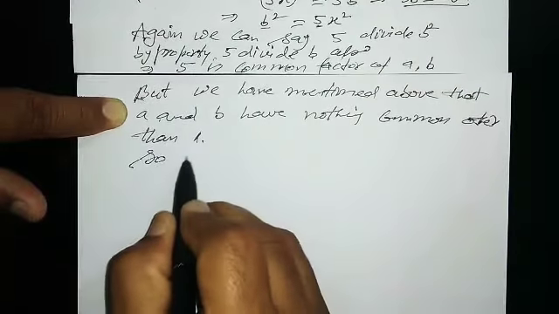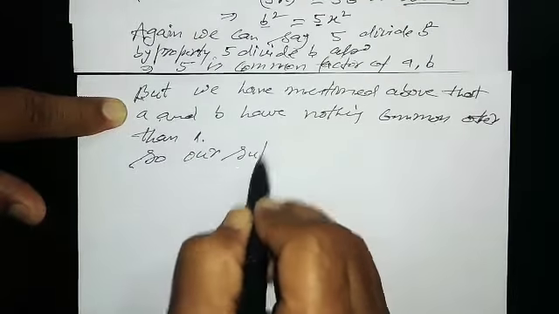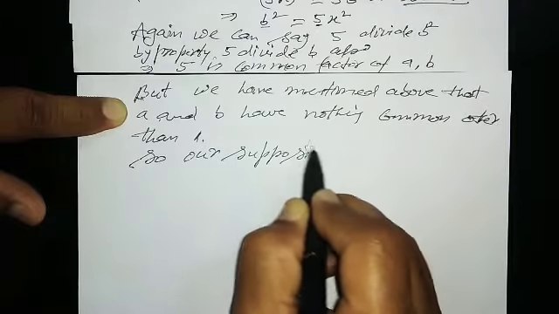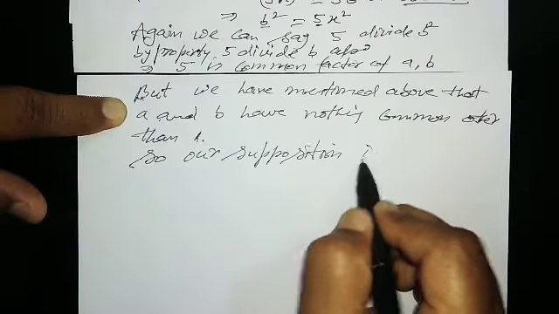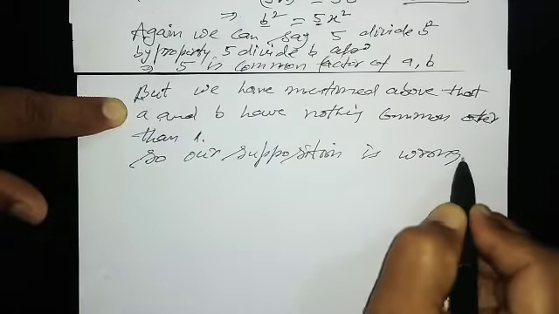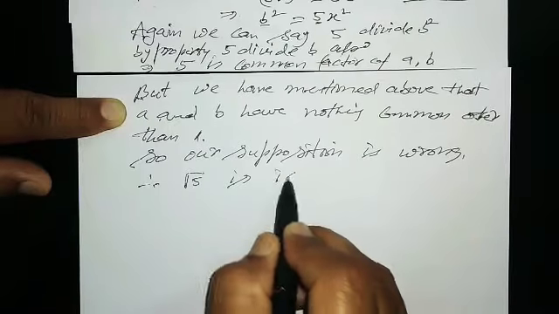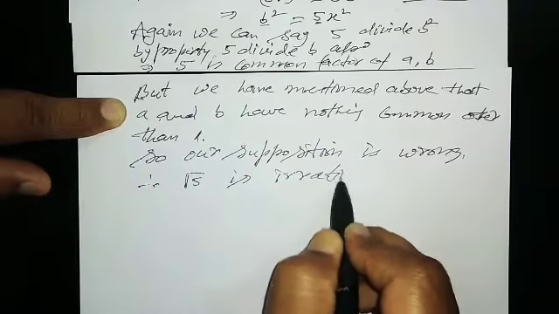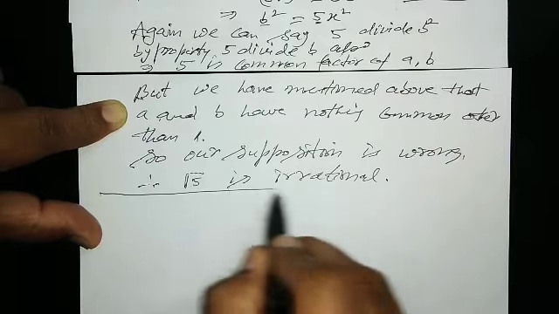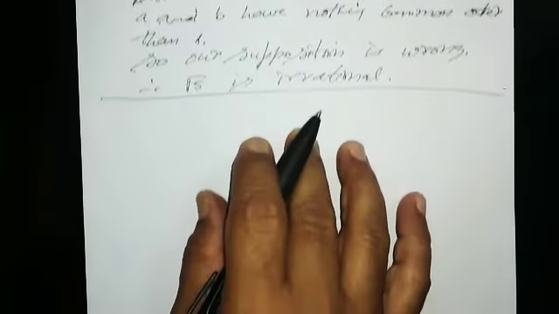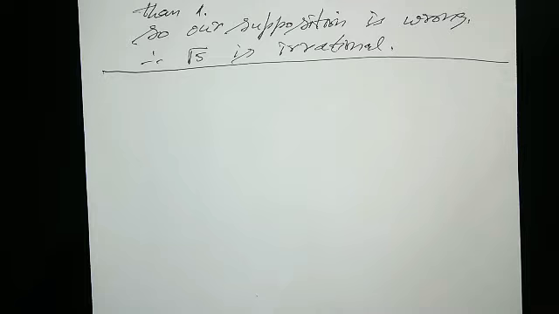So our supposition is wrong. Therefore root 5 is irrational. Very easy process, and I think you have clearly learned about this, but I will also give you a general one.